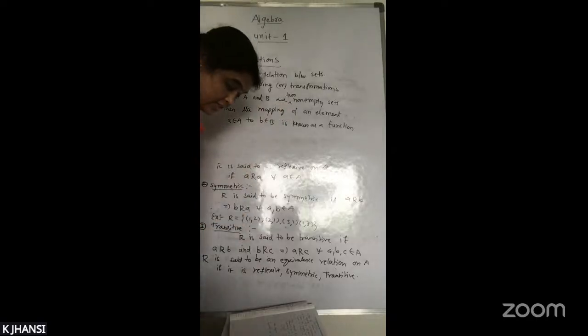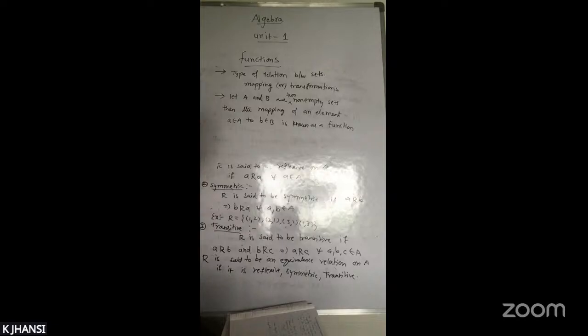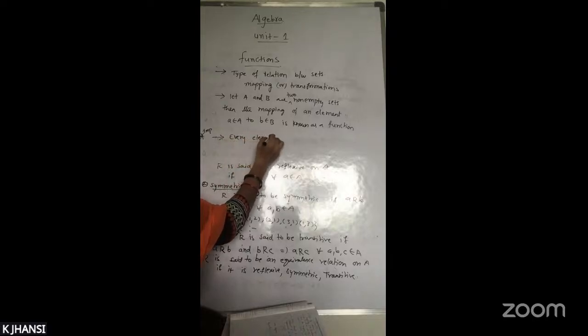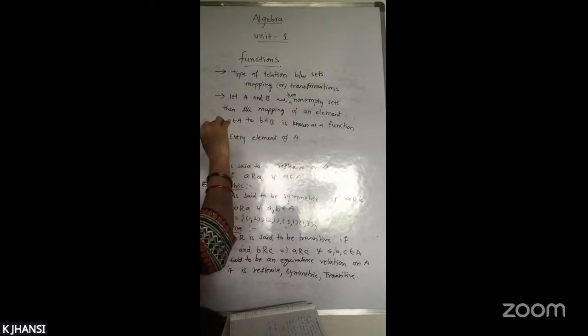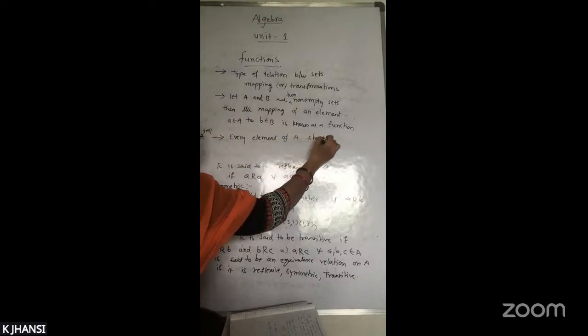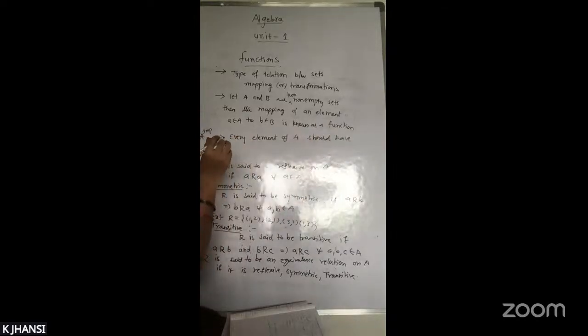So for any two sets to become a function, the first thing is we are doing the mapping. And the main condition is that every element of A should have a unique element of B. One more condition to become a function, and this is the important one, is that every element of A should have a unique element in B. Unique means only one element.